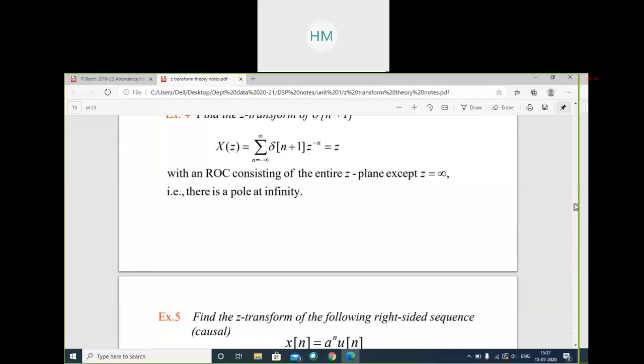The left half plane, sigma less than 0, corresponds to the interior of the unit circle, mod z equals 1.